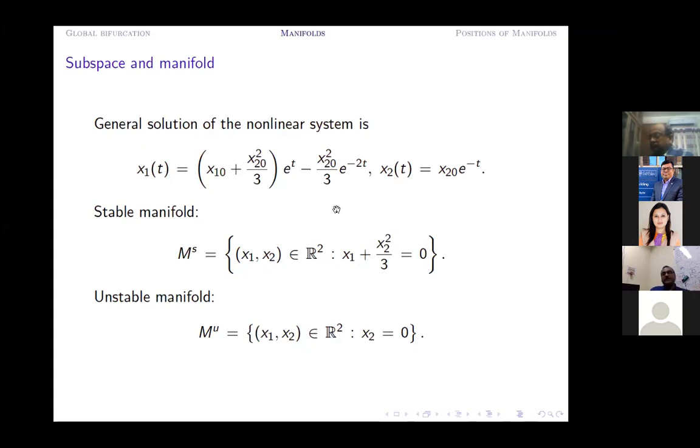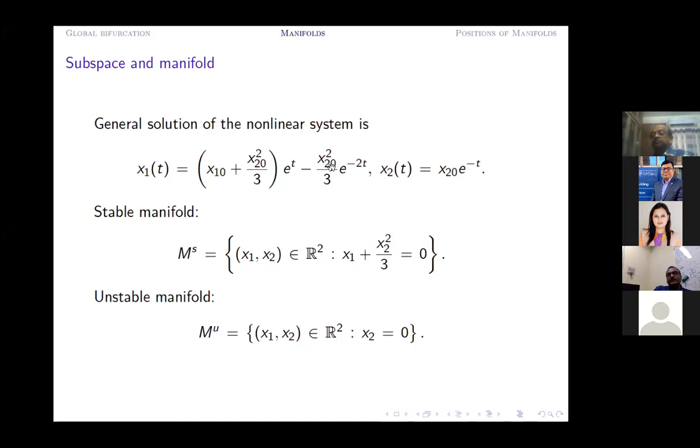Similarly, if you are interested in finding the initial condition such that the solution will diverge to plus infinity, what do you need to choose? You need to choose the coefficient of the e to the power minus t term, that means the exponential with negative exponent, to be equal to 0. That means you need to choose x2(0) equal to 0.